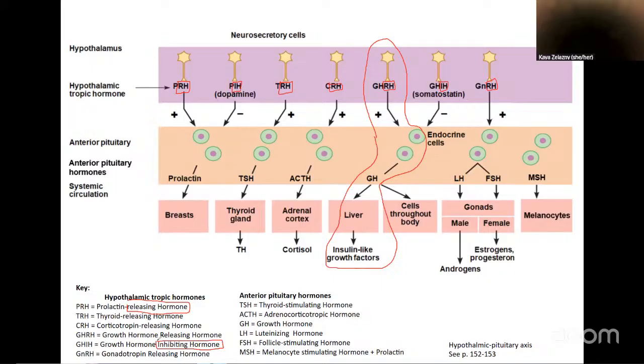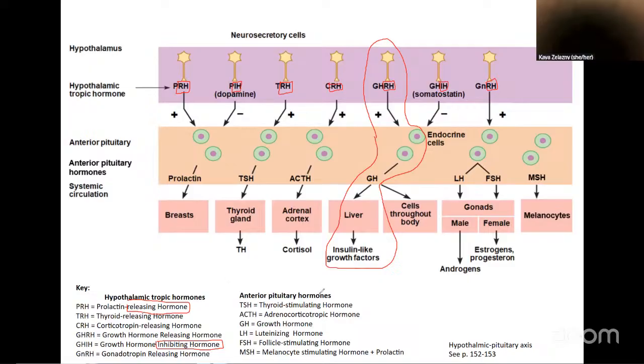So we do want to get familiar with the names of these actual hormones as we walk through their actions on the rest of the body and on the other glands in the endocrine system. But even without being familiar with that hormone specifically, you should have a good guess that we're talking about a hypothalamic hormone, one of these tropic hormones, just from the name, just from that naming convention.